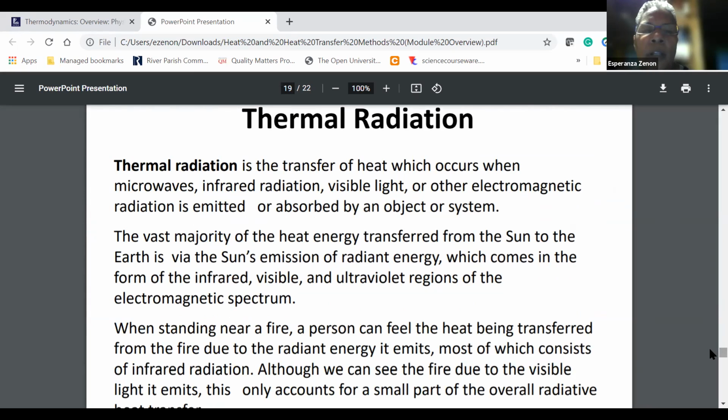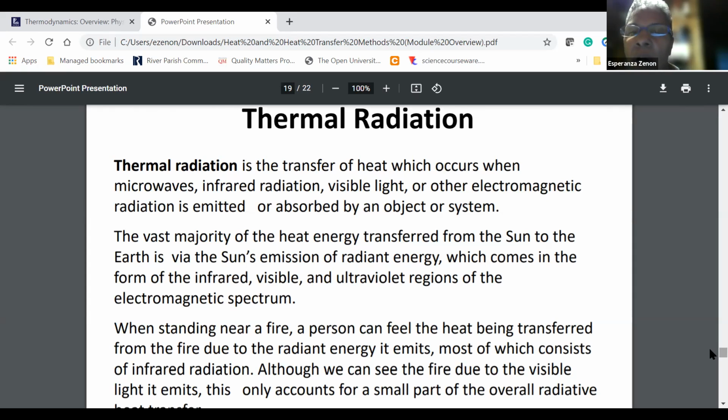All right. Thermal radiation is the last method of heat transfer, and that is heat transfer by way of light. A lot of times you will see it referred to as electromagnetic radiation. But keep in mind that when we say light, we're not just talking about visible light.